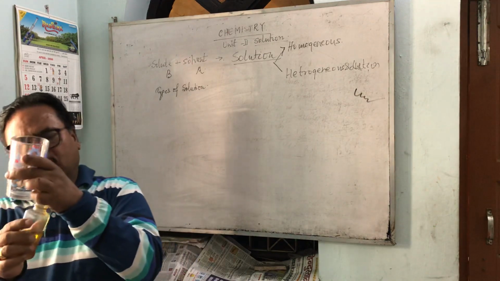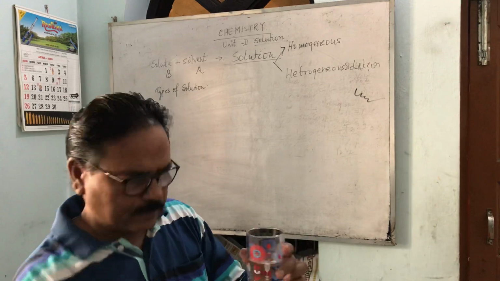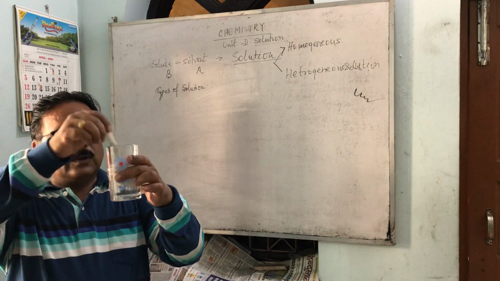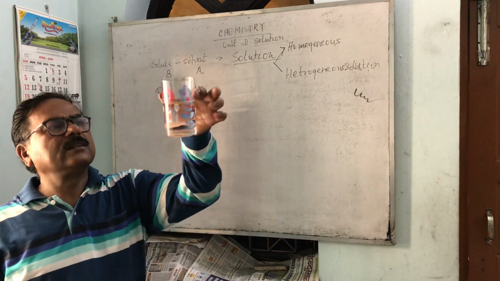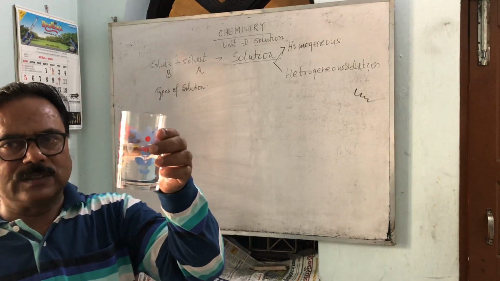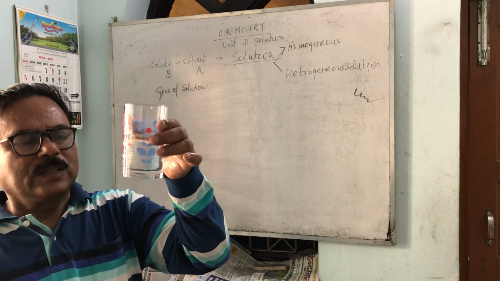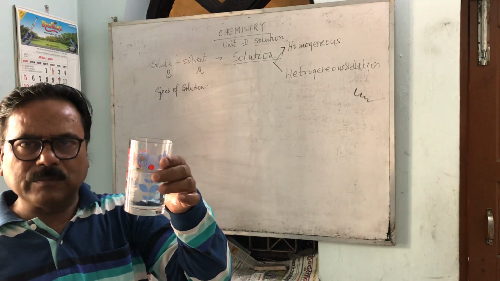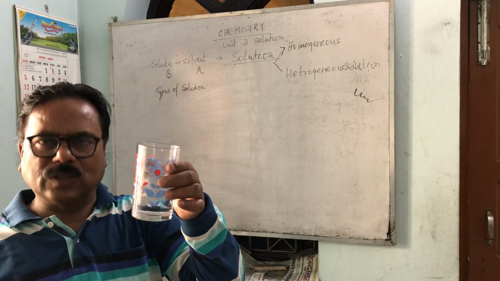We stir it well, and we leave it for some time, and we see that white droplets are at the upper side of the liquid. So this is not homogeneous. These components are not completely mixed up, and that solution is called a heterogeneous solution.